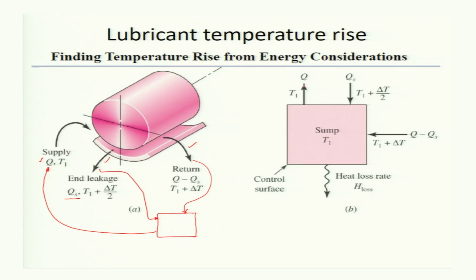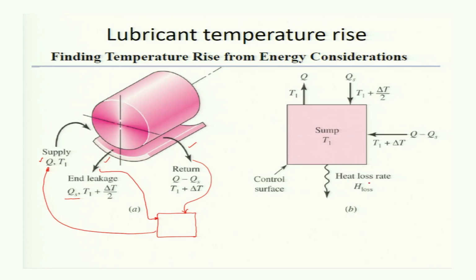Lubricant at a temperature of T1 and flow rate Q is going out from the sump, and the lubricant which is coming in is this one, Q minus Qs at a temperature of T1 plus delta T, and the side leakage Qs, lubricant is also coming in the sump at a temperature of T1 plus delta T divided by 2, and there will be some heat loss because you will cool the lubricant, because it is coming at a temperature more than the T1 at which it should again go to the clearance space.